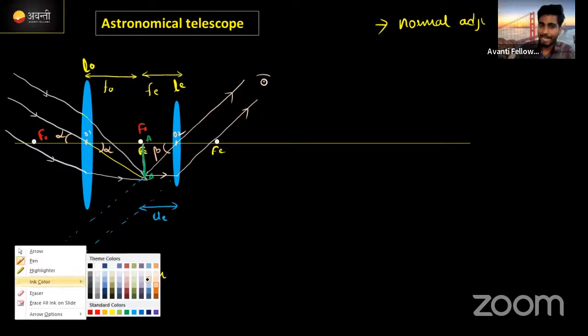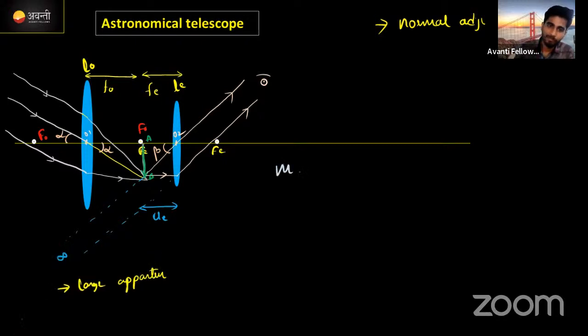Look here, listen. What is magnification? Magnification is equal to, as I told yesterday, in terms of angle, beta by alpha we will write, correct?